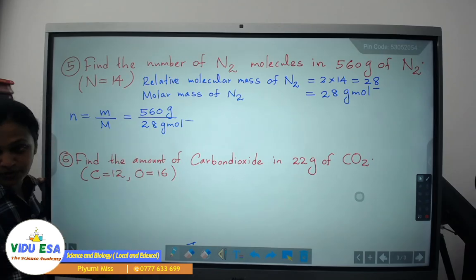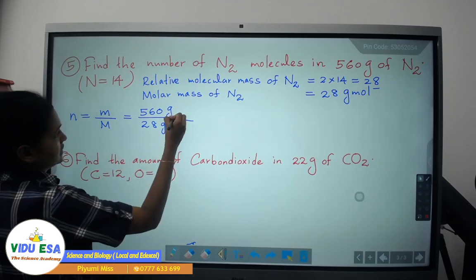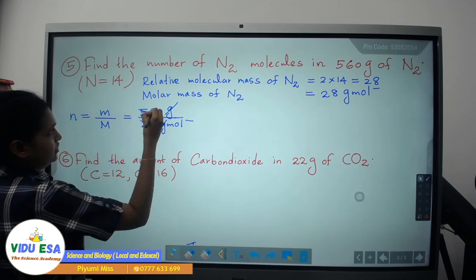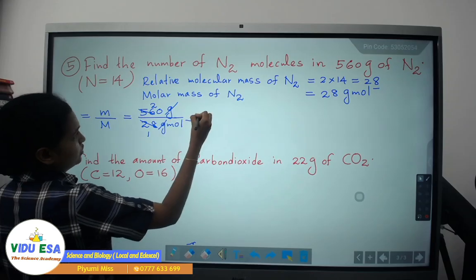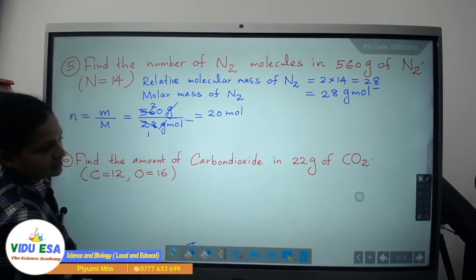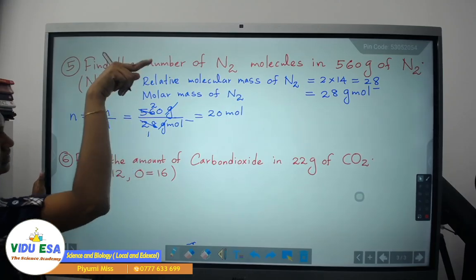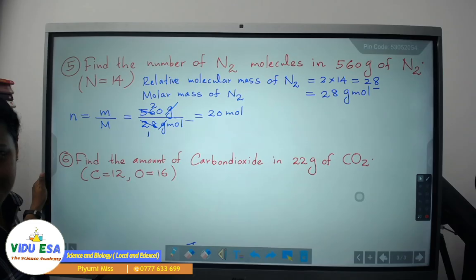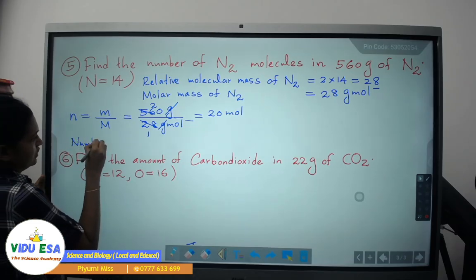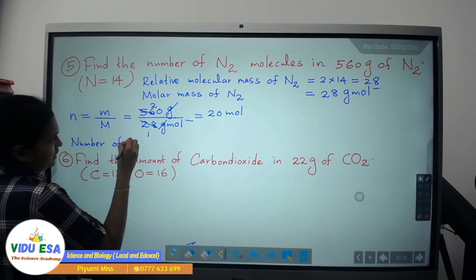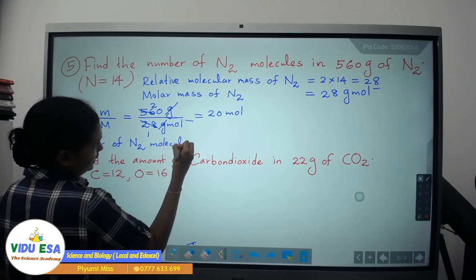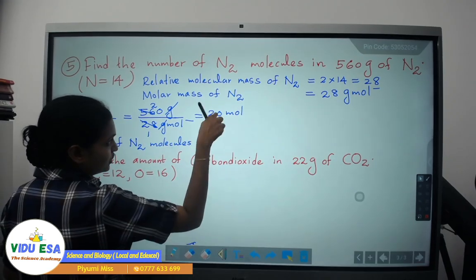Then grams. 28 into 2, and 20 moles. There are 20 moles of nitrogen. But we are asked about the number of molecules. And we can say number of nitrogen molecules in 20 moles.